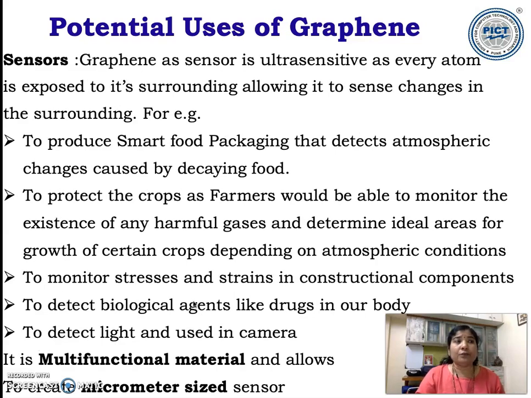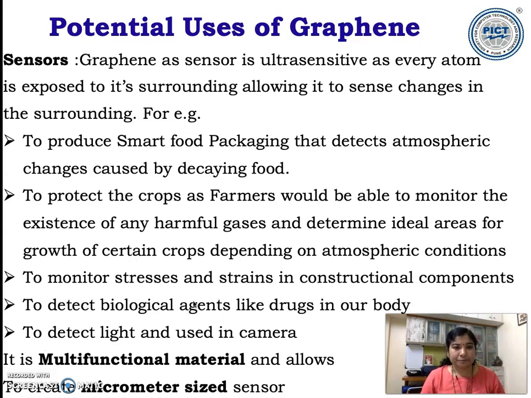If we go a little more in depth, a potential application of graphene is to make sensors. Why? Because it is ultra sensitive, as every atom is exposed to its surroundings, allowing it to sense changes in the surroundings.